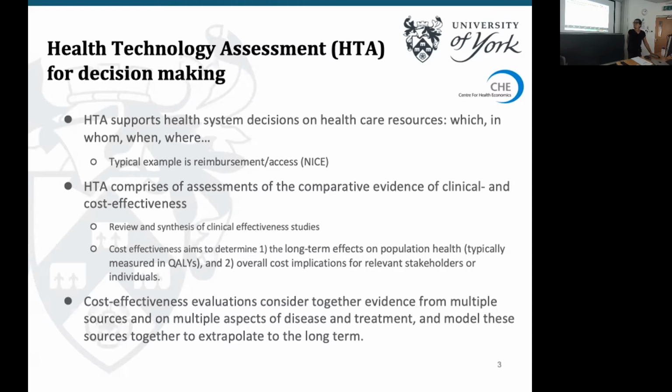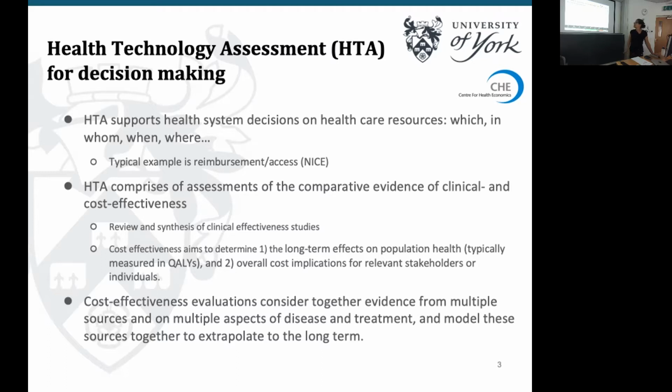So health system decisions often need to be made about the best use of healthcare resources. So which treatments, for example, which interventions, in which patients, when, meaning when in the disease pathway should a treatment be used, and whether in primary care, secondary care, etc. So there's a range of decisions that need to be made, and HTA assessments inform those decisions.